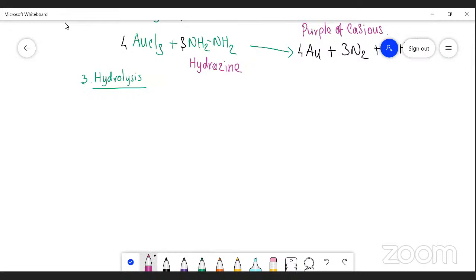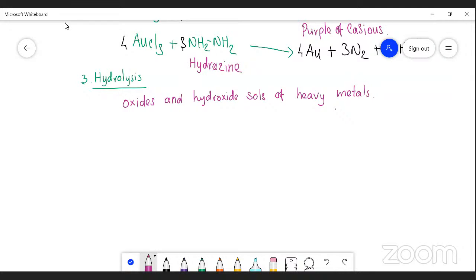So in this method we are preparing oxides and hydroxides, hydroxide salts of heavy metals. Generally, non-metal salts are prepared by oxidation.